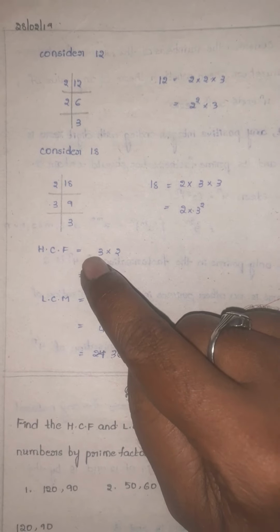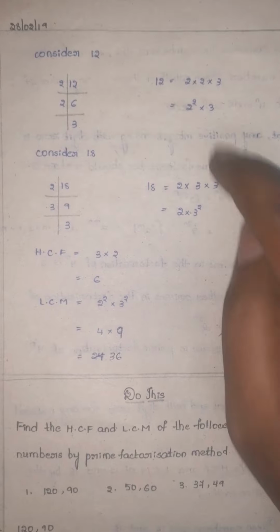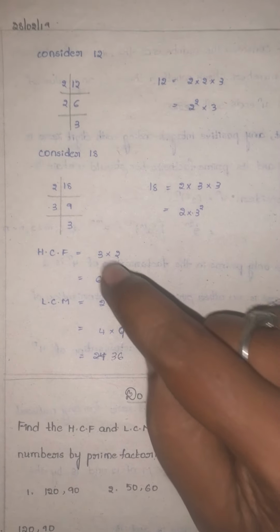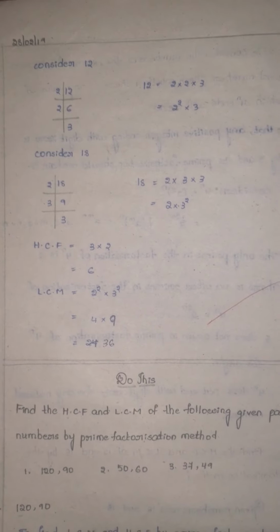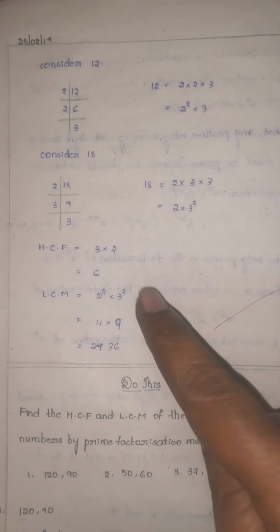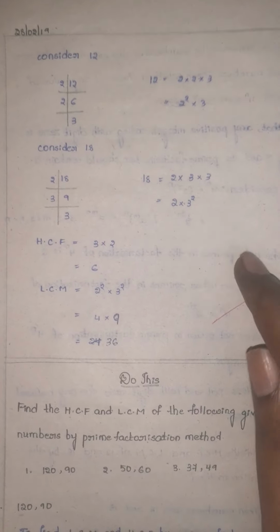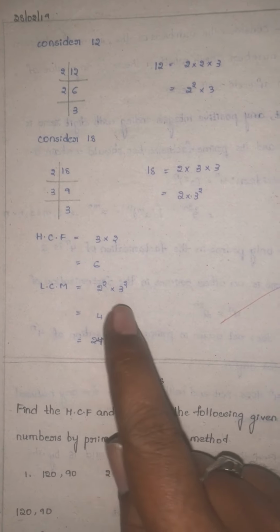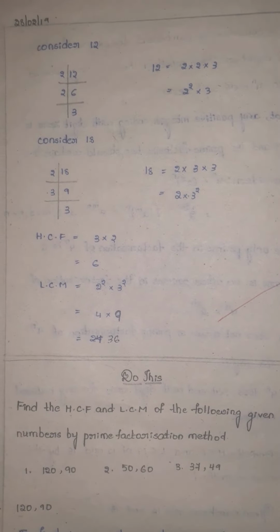Either you can write the first or the second, nothing will happen. Next, which number is there? 3. Here 3 square. In 3 and 3 square, what is the minimum power? 3. So 2 into 3 is how much? 6. So the HCF is 6. This is also a very very important 1 mark or 2 mark problem, so be careful while finding HCF and LCM. Next, for LCM, I already told you: all prime numbers with maximum power.